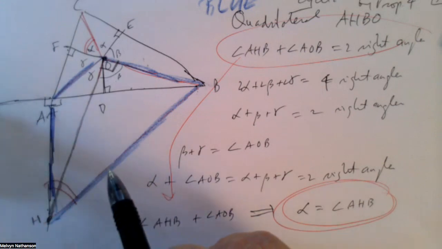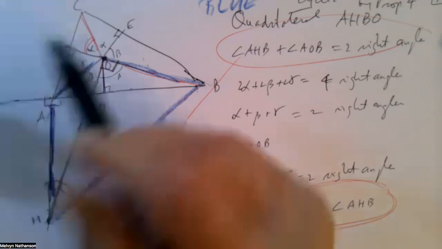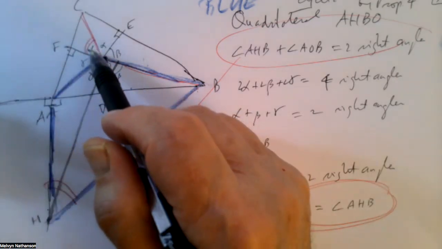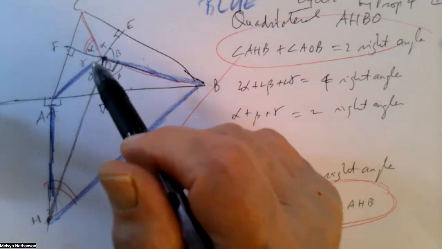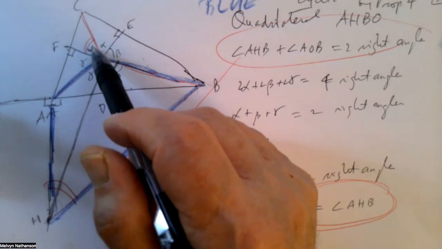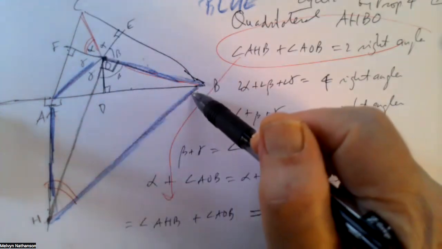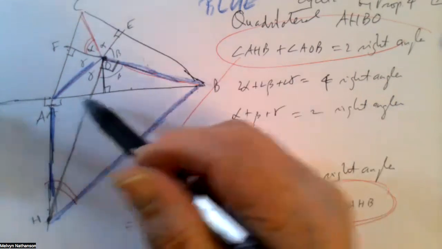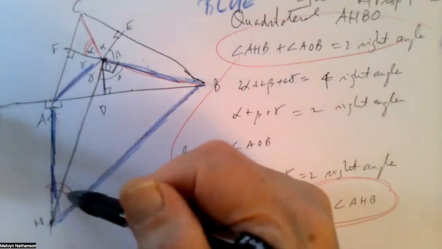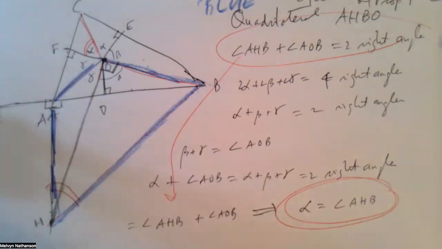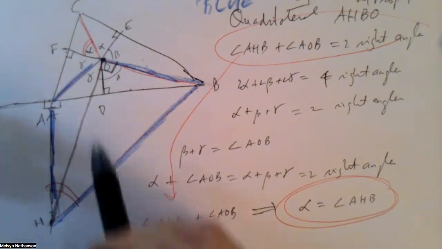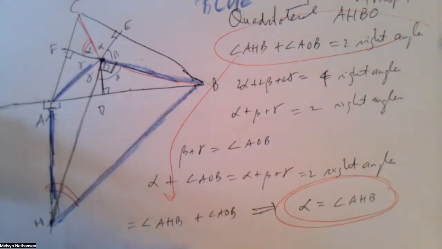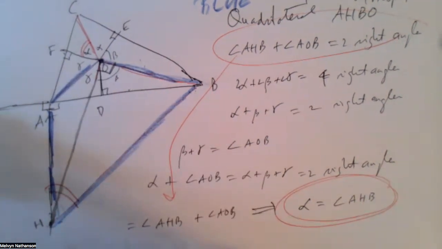So if you look at triangle COF, that's this little triangle. It's a right triangle with an angle alpha. If you look at triangle BHA, this is also a right triangle with an angle alpha. So triangle COF, this little triangle, is similar to triangle BHA.